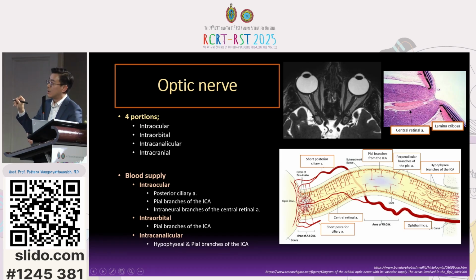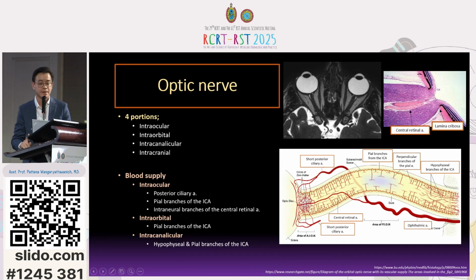So based on this different arterial supply in the optic nerve, you can divide the optic nerve into anterior optic nerve and posterior optic nerve. So when patients come in with sudden onset of visual loss from ischemia of the optic nerve, neuro-ophthalmologists will divide it into two main types that include anterior ischemic optic neuropathy and posterior ischemic optic neuropathy.